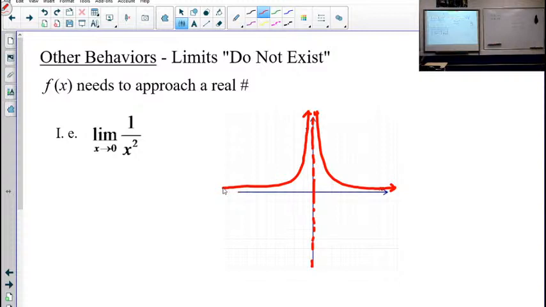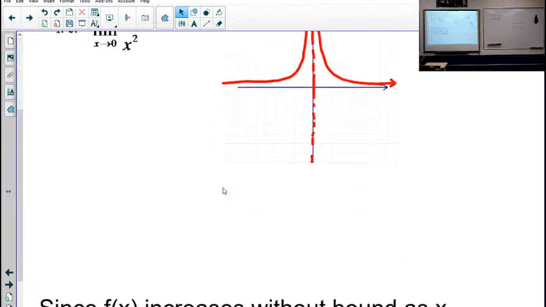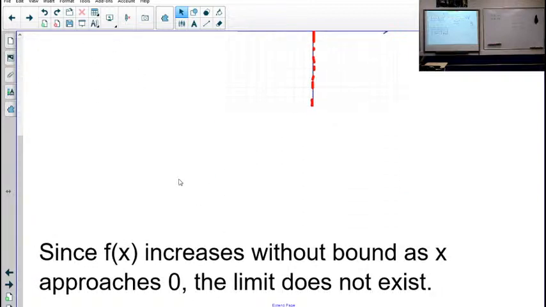If I looked at what value am I getting closer and closer to from the left and from the right, you'd have to answer, well, infinity. But infinity isn't a number. I got to get closer to a number for the limit to exist. So if I'm talking about increasing or decreasing without bound, that's what we're talking about. Since f of x increases without bound as x approaches 0, the limit does not exist.